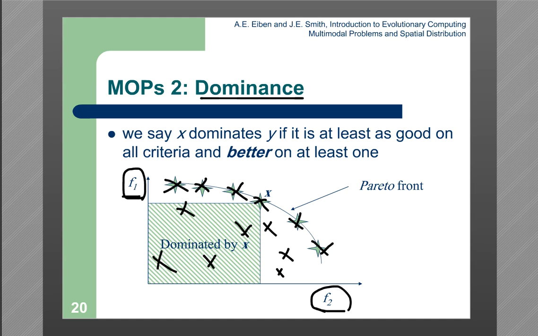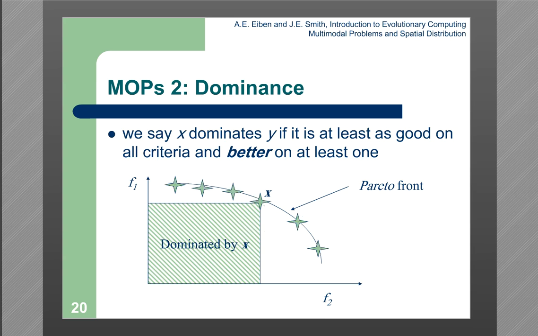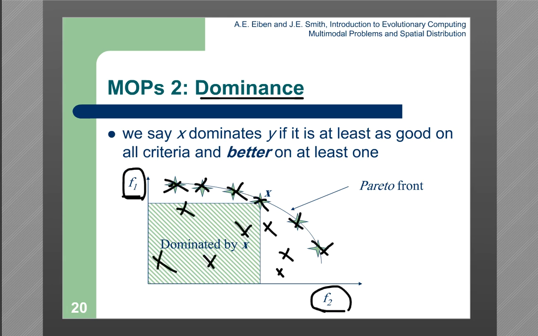But we can't find one solution because, for example, if all of the solutions are here, this solution is the best by F1 or F2.